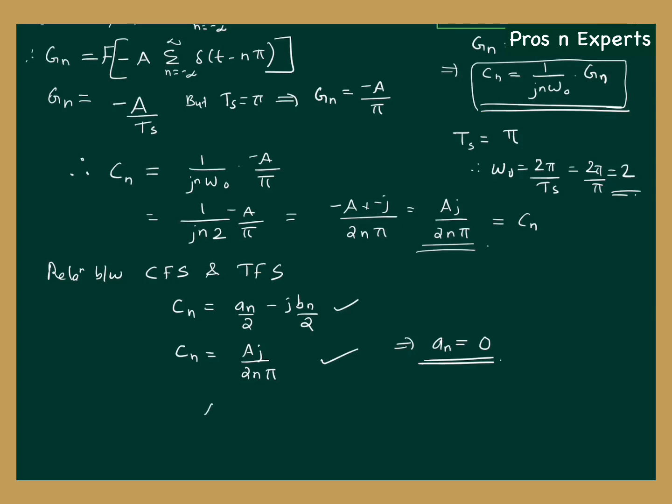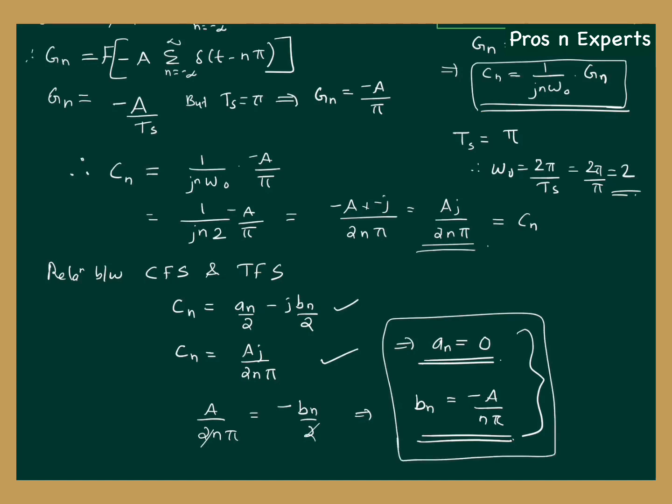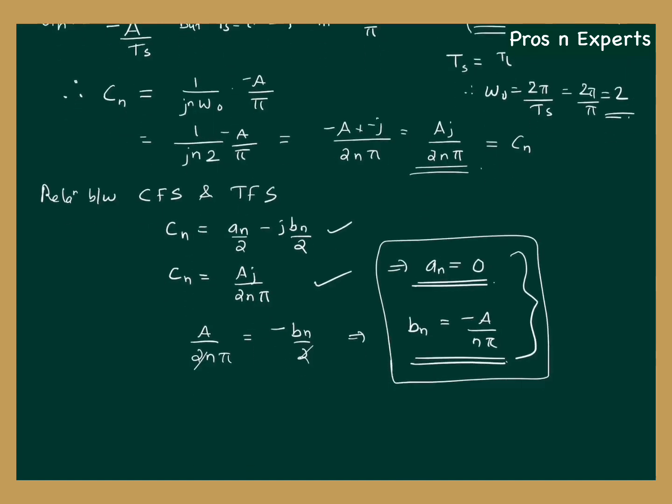So we can write that A by 2n pi is equal to minus bn by 2. The 2 is getting cancelled. That implies bn is equal to minus A by n pi. So these are the trigonometric Fourier series coefficients. Our final answer: an equal to 0, bn equal to minus A by n pi.